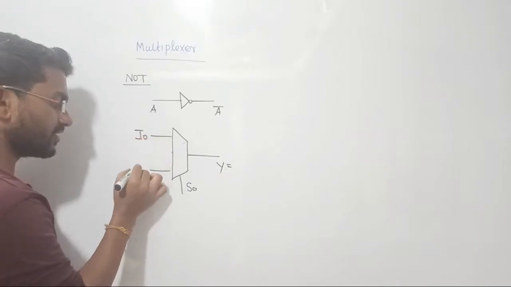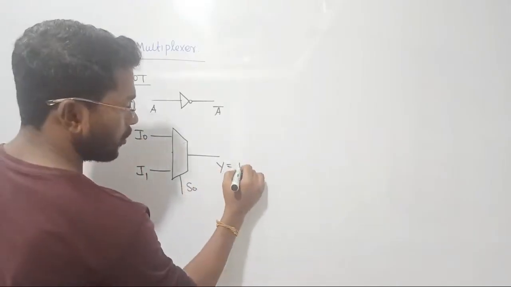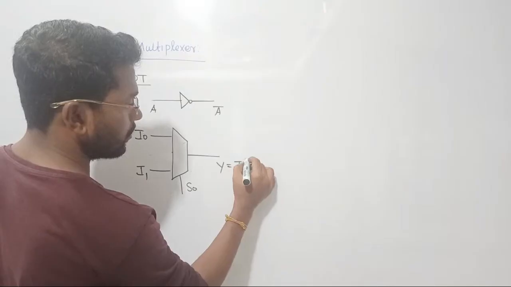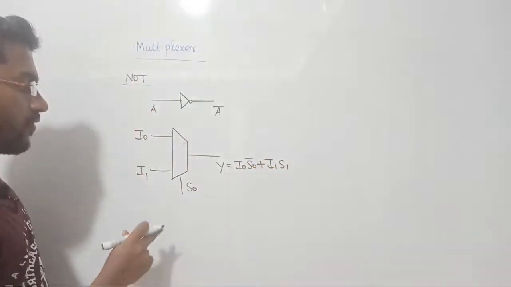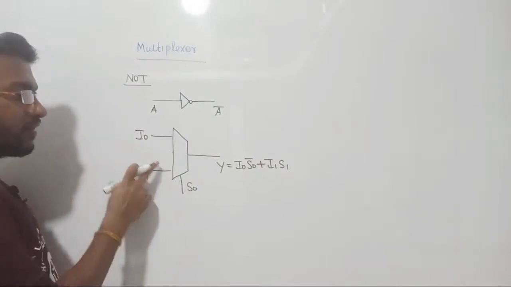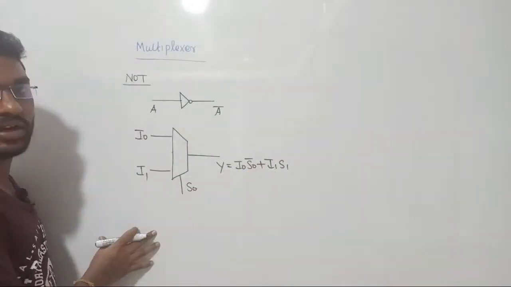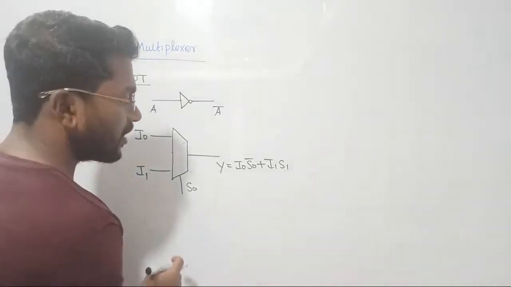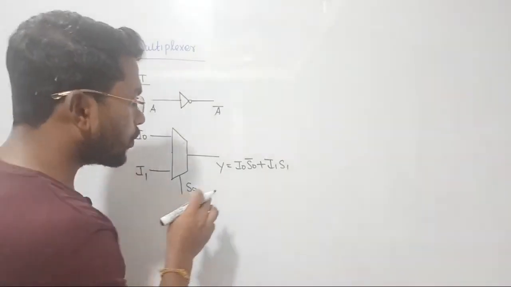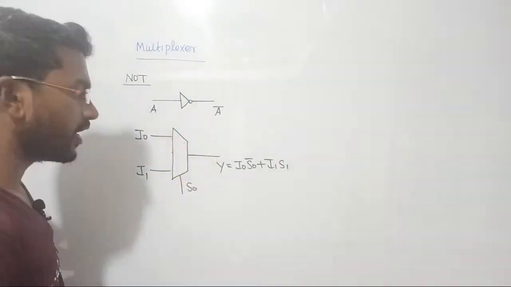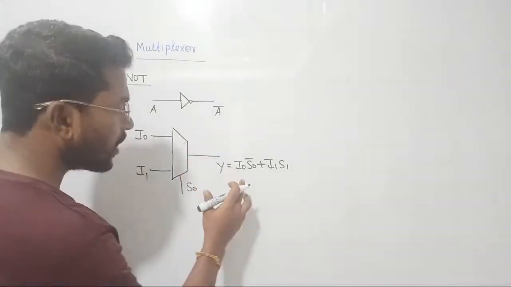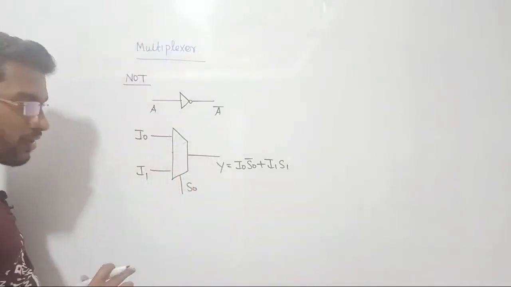First of all, write the answer: I0, I1, and the output will be I0 into S0 bar plus I1 into S0. This is the output of the multiplexer, we all know. When S0 equals 0, I0 will be selected. When S0 equals 1, I1 will be selected. That is the output of the function, right? But this is not our target. Our target is that when A is passed at the input, A bar should come at the output, right? So what I have to do, you have to think, where such a combination can come.